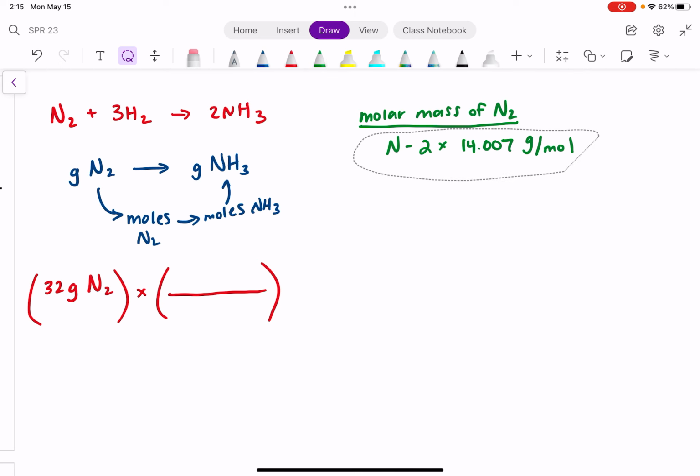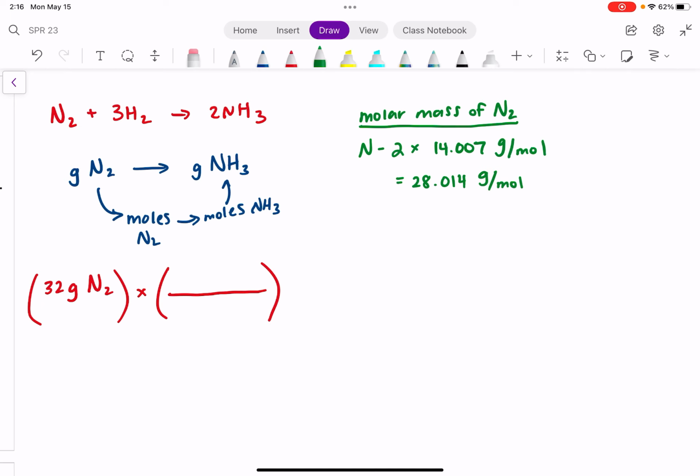All right, so 2 times 14.007. Let's get that on the calculator here. 2 times 14.007 is 28.014 grams per mole.